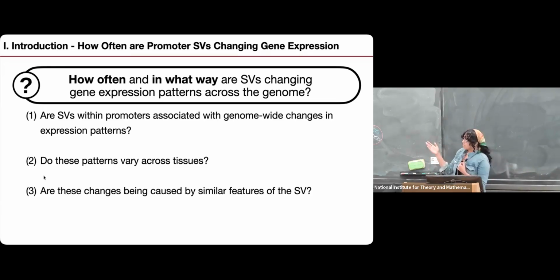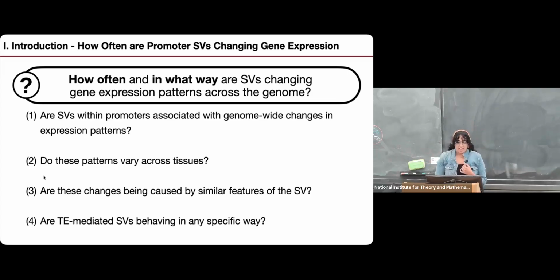And for promoter SVs that are associated with differential expression, are these changes being caused by any similar feature of the SV, or do these represent more random stochastic changes in expression? And finally, do we actually observe any special role for TE-mediated SVs in changing gene expression patterns, or do they behave similarly to other promoter SVs?